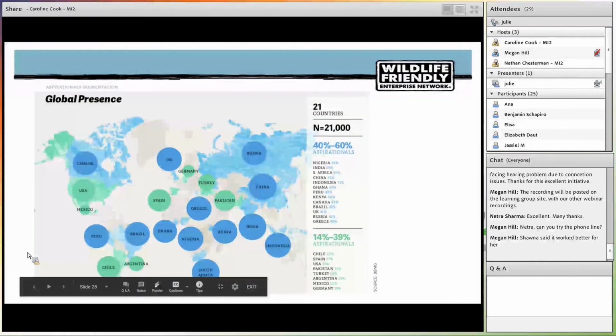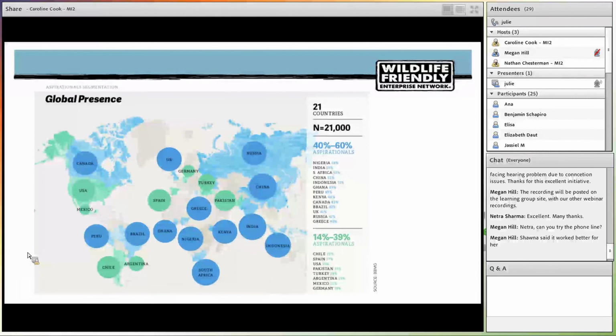So the key takeaway from this slide may or may not come as a surprise to you. Aspirationals are actually strongest in emerging markets, where they make up half or more of the population, including places like Nigeria, India, China, South Africa, Indonesia, Ghana, and Peru.